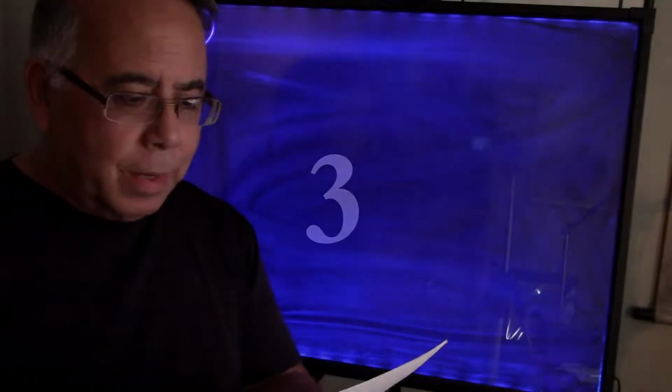Number 3. Explain why the domain of f of x equals cube root of x is different from the domain of f of x equals square root of x. Well, you can take a cube root of any real number.